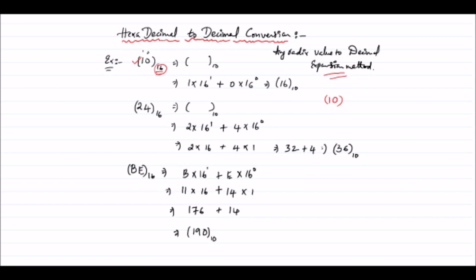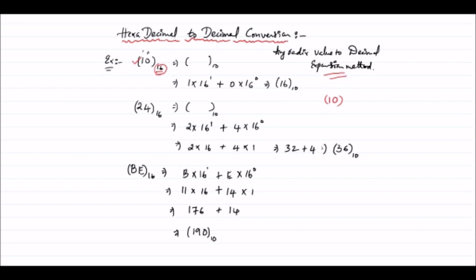Any radix value which has to be converted into a decimal number, we need to follow the expansion method. I am taking an example: a hexadecimal value 10, so 10 base 16.